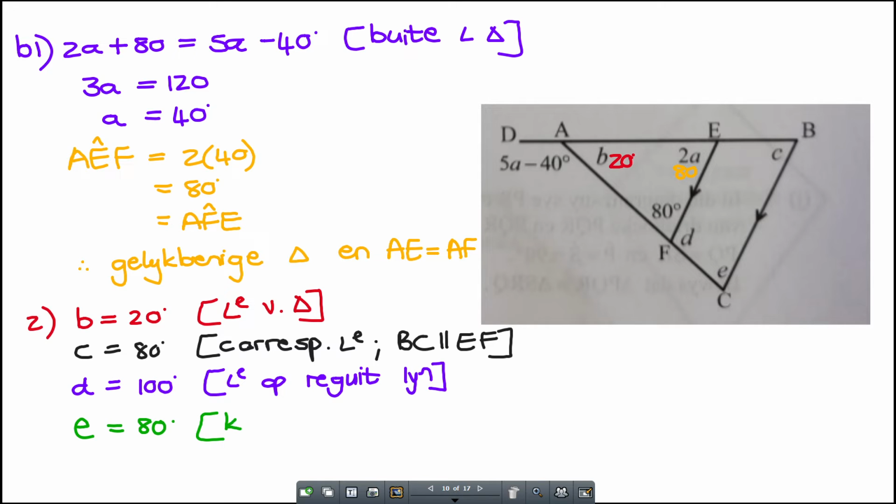Ek gaan nou sommer net vir 'n verandering sê ko-binnehoeke. And state your parallel lines, please. BC parallel to EF. Any questions? Dat ek gou hoor. Hoe lyk dit so ver? Julle alright? Of is daar iemand wat voel hulle is bietjie lost? Is julle okay? Goed, kan ek skip?